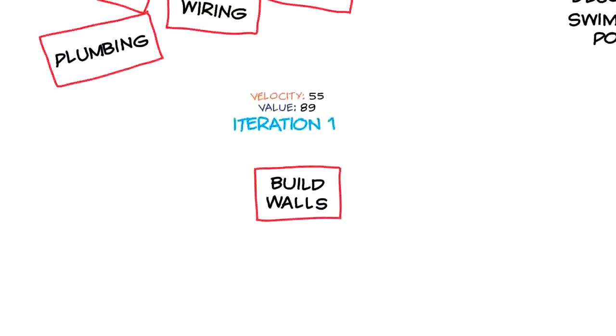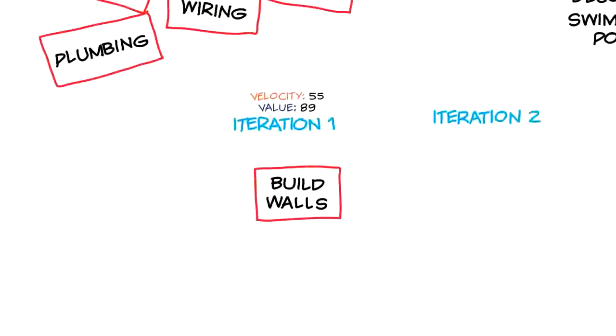The value is also important because that's a way of letting the customer know how much worthwhile work has been done during the iteration. So now that we know our velocity from the first iteration, we can use that to estimate which stories we'll be able to do for the second iteration.